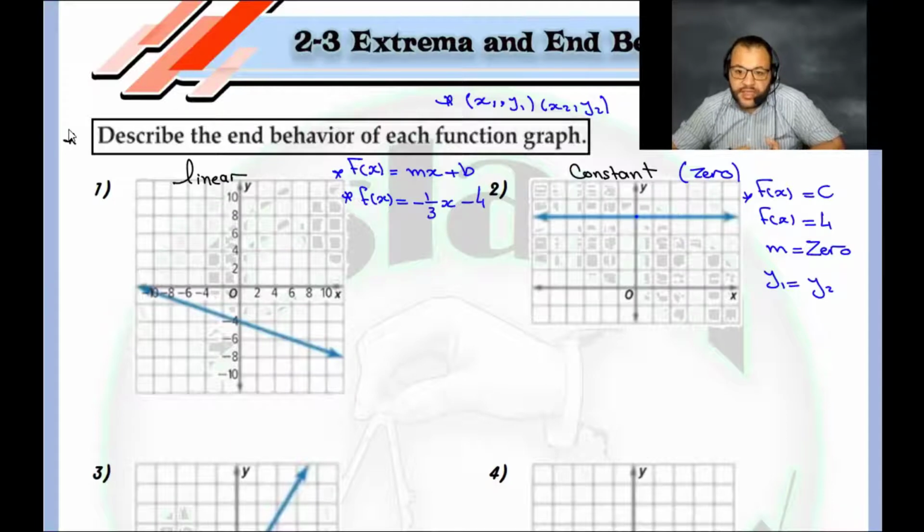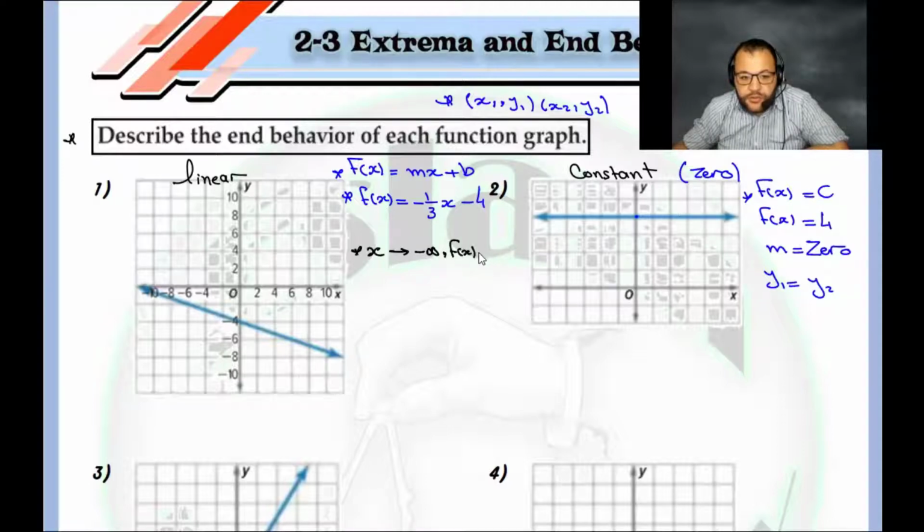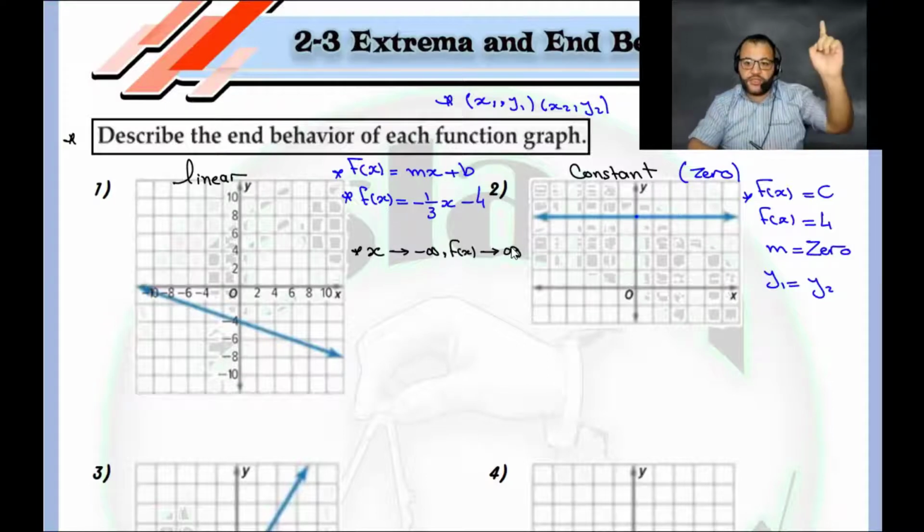It's for x, not y. When x is going to the left side, to negative infinity, what will happen to the function? It goes to positive infinity. It's going up. That is the meaning: at the left side, the function is going up.